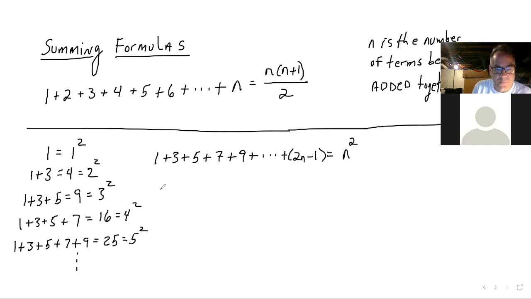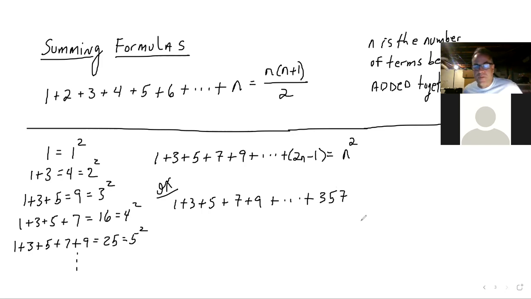Now let's do just an example of using this formula. Say we went 1 plus 3 plus 5 plus 7 plus 9. Again, this is just establishing we're adding up consecutive odds. And let's say I take this out to something ridiculous, 357, so a fairly big odd number.